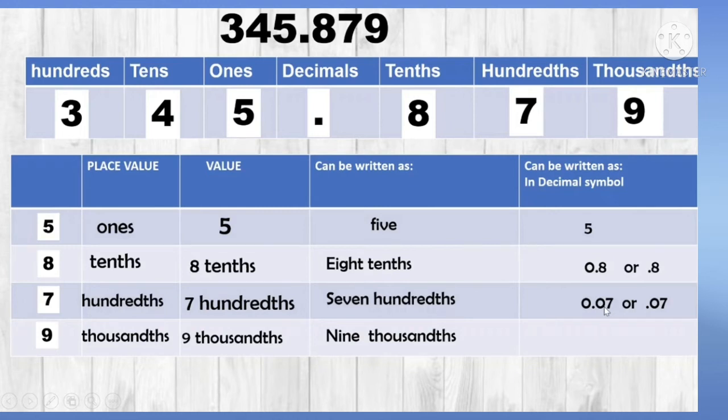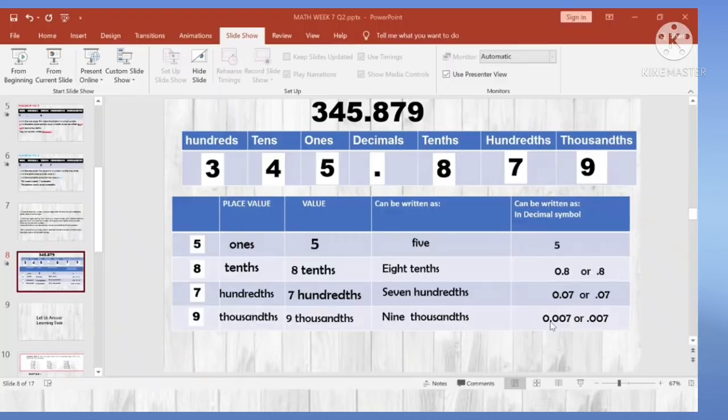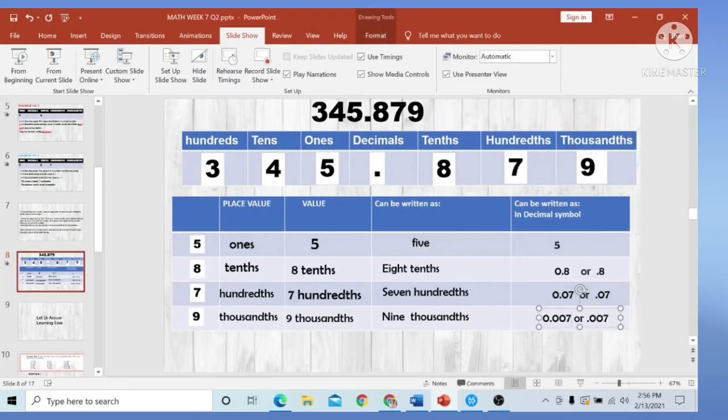How about thousandths or the 9? Paano naman natin siya sinusulat? So since nasa thousandths siya, so we are going to write it 0.009. So this is 9 thousandths, class. Okay?